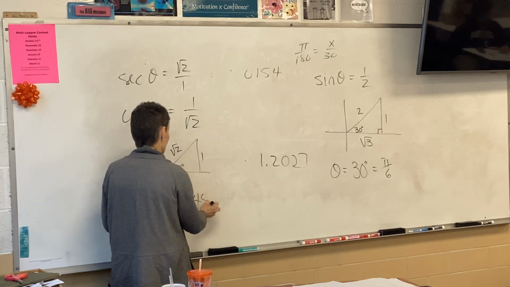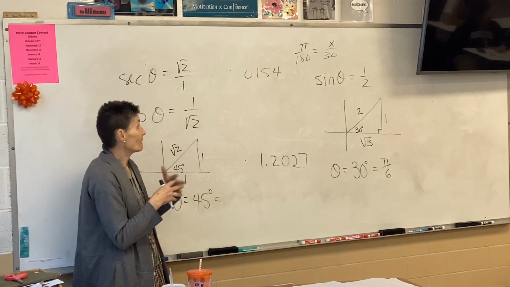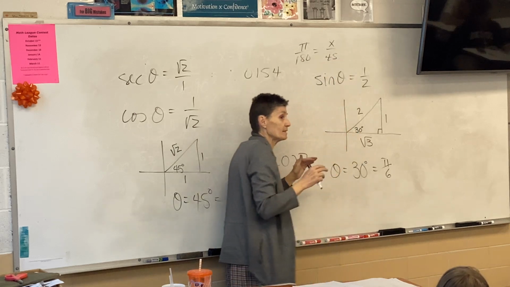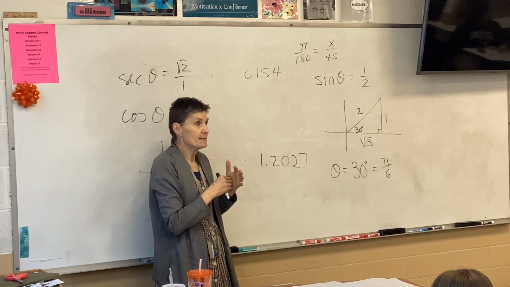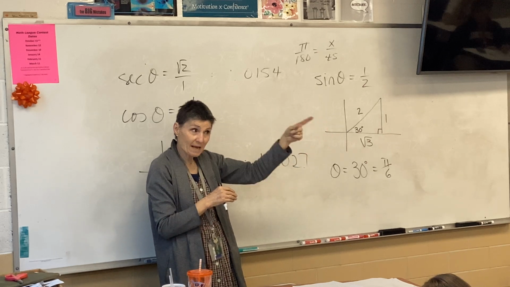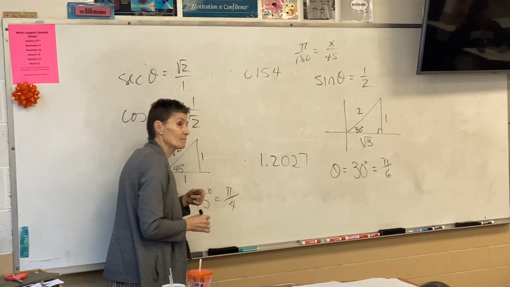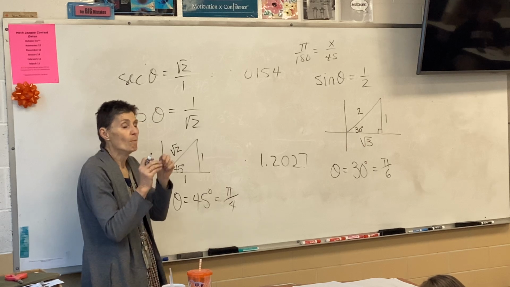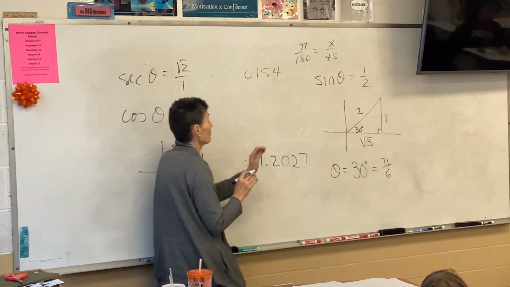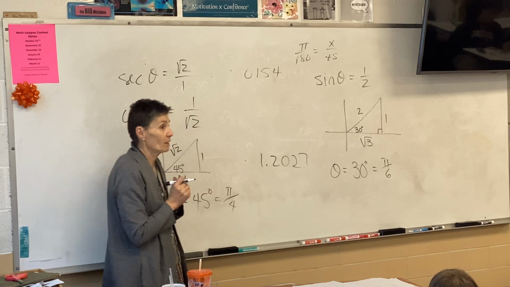And then I figure out, okay, 45, I can either set up my proportion here, or I can think, let's see, 90 is half a pi, 45 is half of that, so it's going to be pi over 4. The more of this you do, the more that's going to make sense. Until then, you can always set up your proportion, cross multiply and solve.